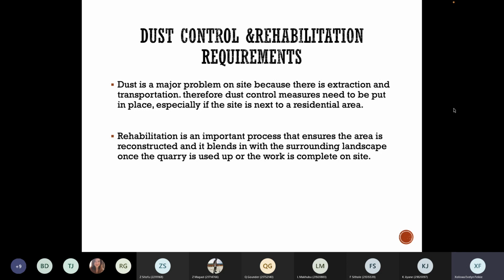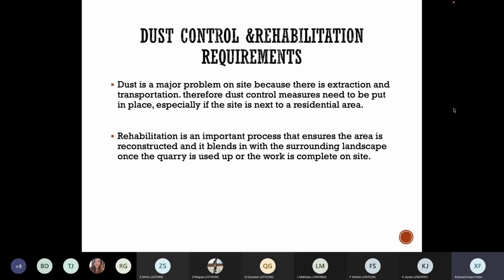So what happens is you will leave the place as it was, right? They're not allowed to leave any holes where they excavate and then don't bring in any substitute material to cover that hole. So that's what they're saying.